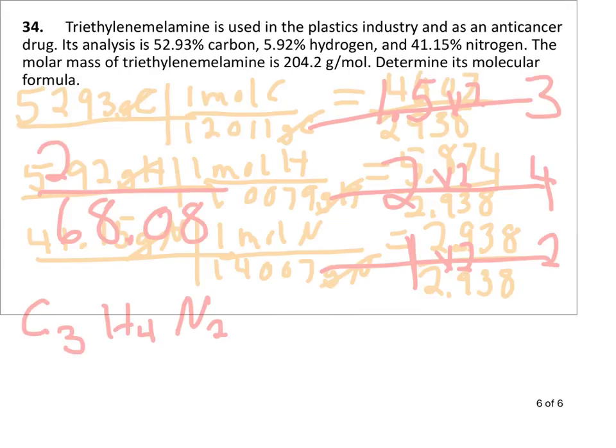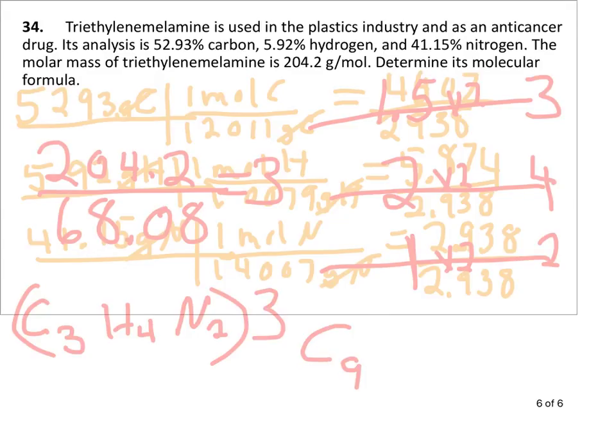And we were told of the molecular formula, it was 204.2. We divide those and get a 3. So we'll come back down here, we got to take this thing times 3, C9H12N6.